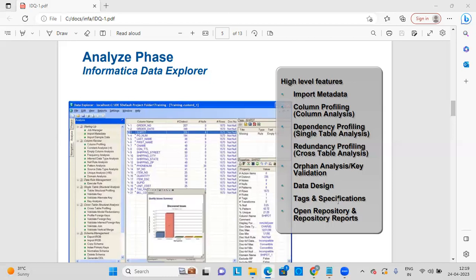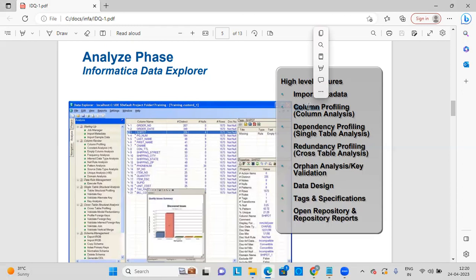You can also do tagging and mapping specification, maintain the repository, and generate a report based on the repository and see what went wrong with respect to the metadata. There are some more things which are not listed here, like rule-based profiling. In the sense, we can have a derived column based on source columns, and the derived column would be taken as a base in order to carry out the profiling.